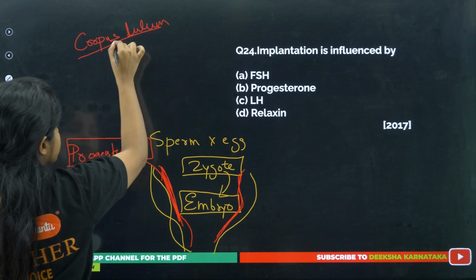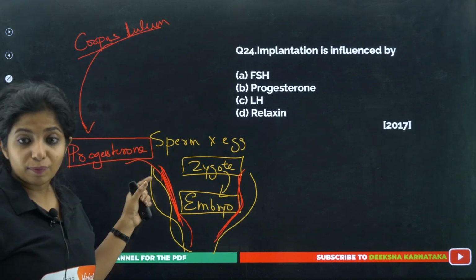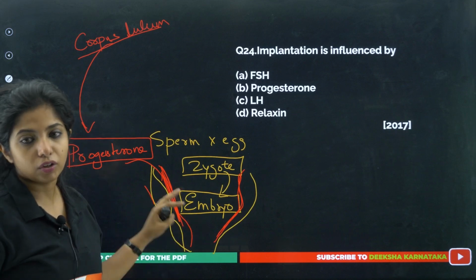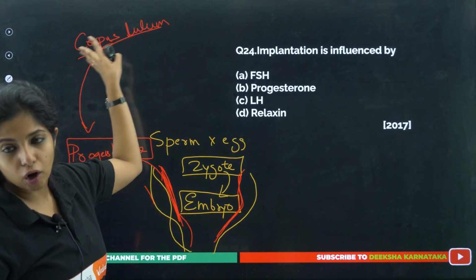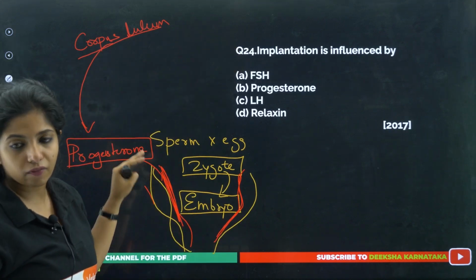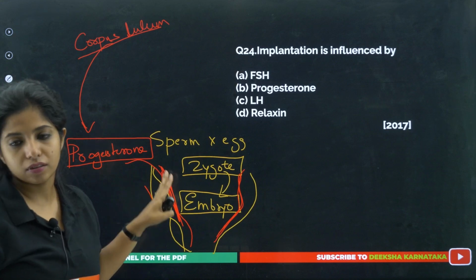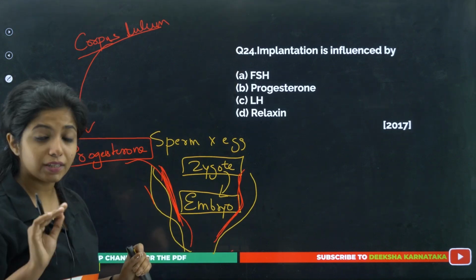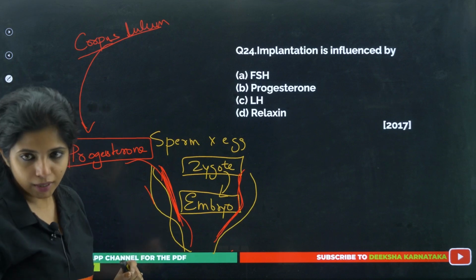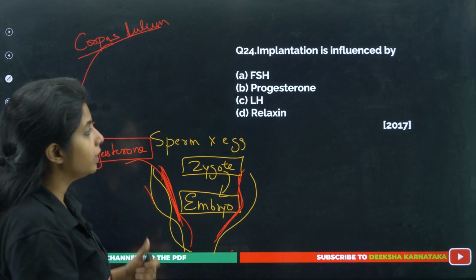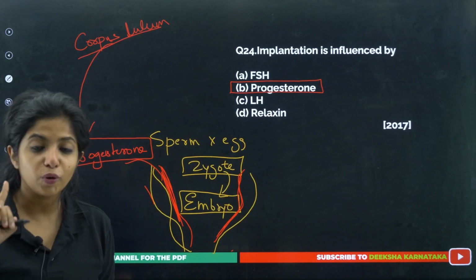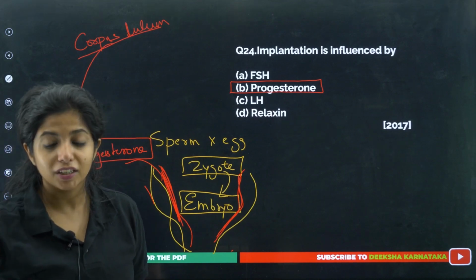The corpus luteum will be releasing progesterone and estrogen. They will be maintaining the endometrium. If by chance fertilization has not happened, then the corpus luteum shuts down, the level of progesterone gets less, and hence the endometrium also shuts off. Get it? That is the most important thing to remember. So it is progesterone that influences implantation. Progesterone is for maintaining the endometrium layer, my dear children.